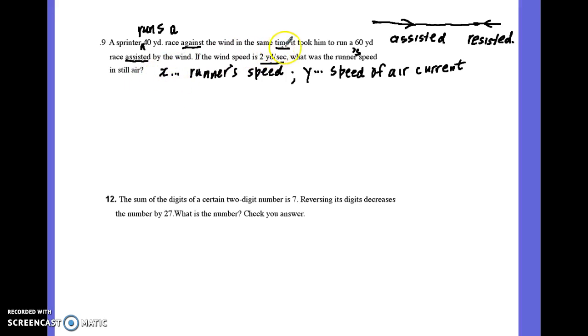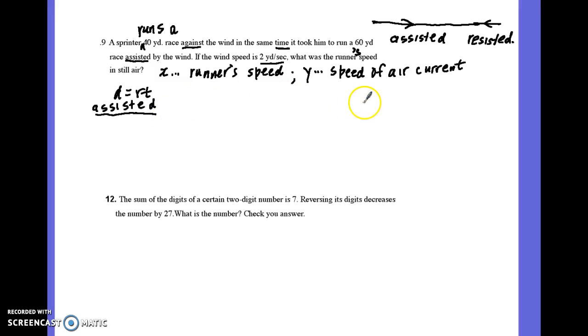So once we see time in it and we have distance here, we're going to use distance equals rate times time. And let's do the assisted first. When he's going faster. Assisted case is over here.